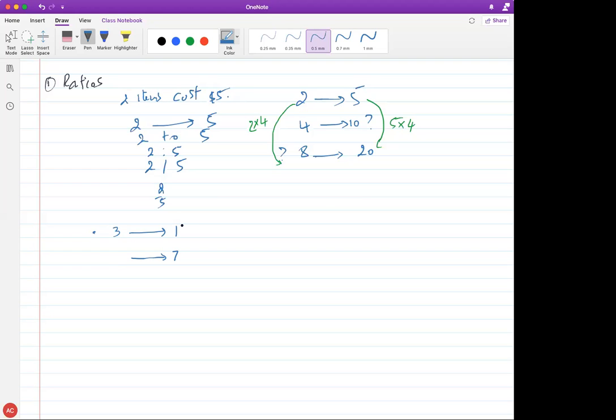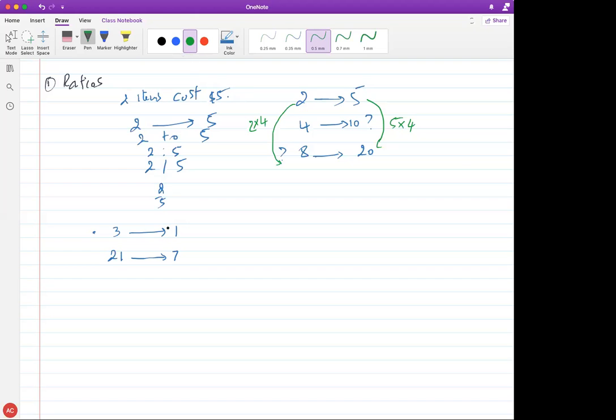So 7 for 1, 3 for 1. How many slices would you need for 7 people, if you need 3 slices for each person? How many slices are you going to need for 7 people? 21. 21, that's right.